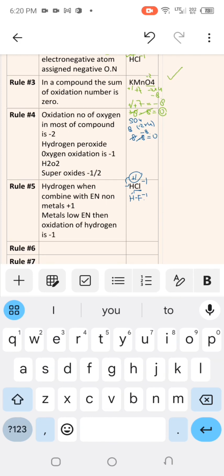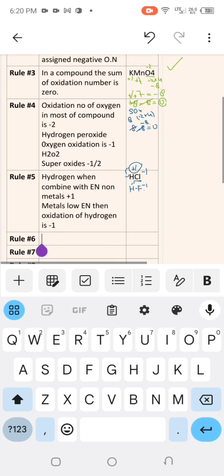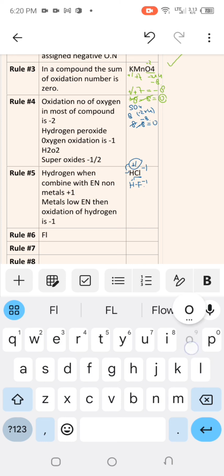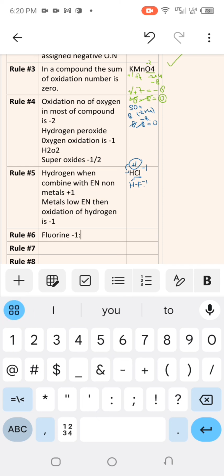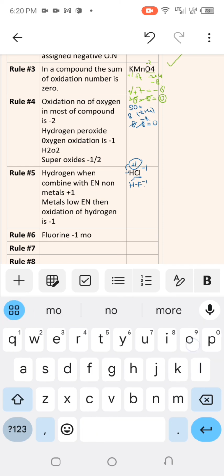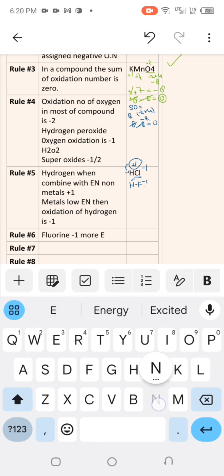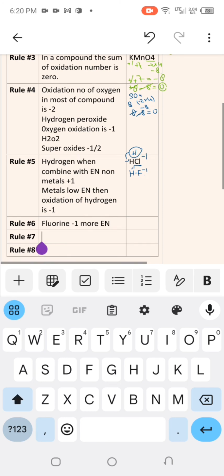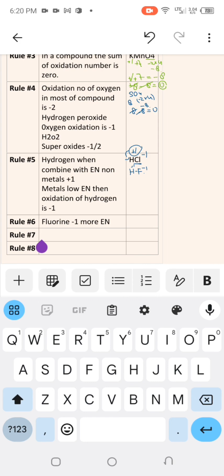Okay. Now in rule number 6, the oxidation number of fluorine is always -1. Why? Because fluorine is the most electronegative. That is why the oxidation number of fluorine is -1. Rule number 7 is basically the sum of oxidation numbers of ions.